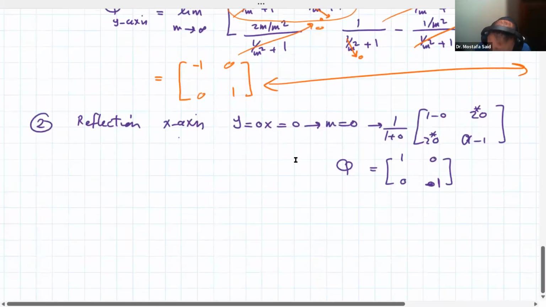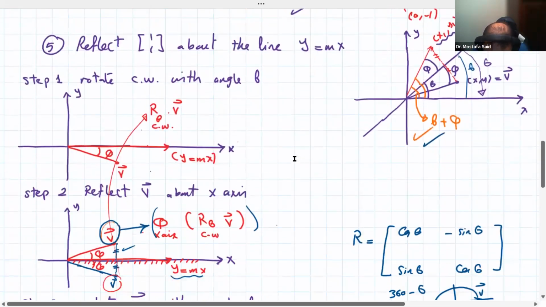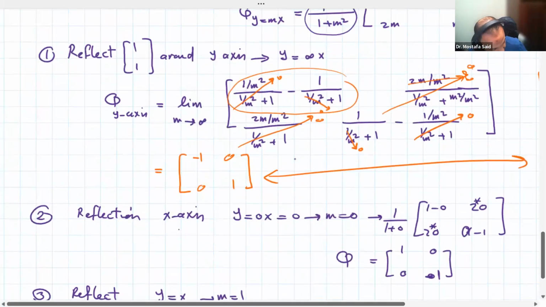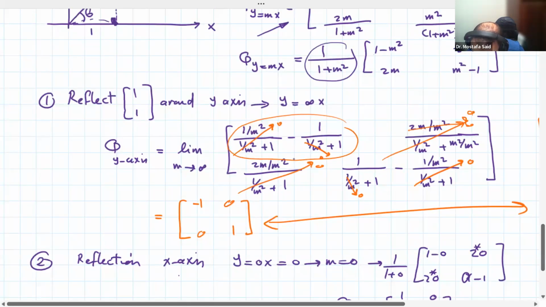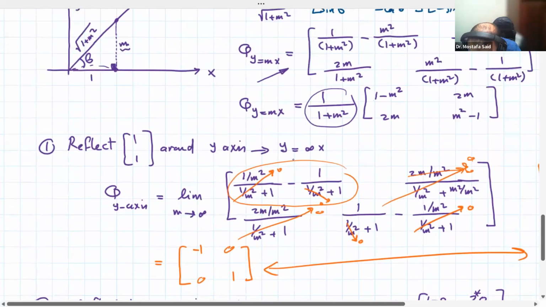Okay, check number 3. Reflect around, I believe, y equal to x. So m is equal to 1. So q will be equal to 1 over 1 plus 1 squared, which is half.